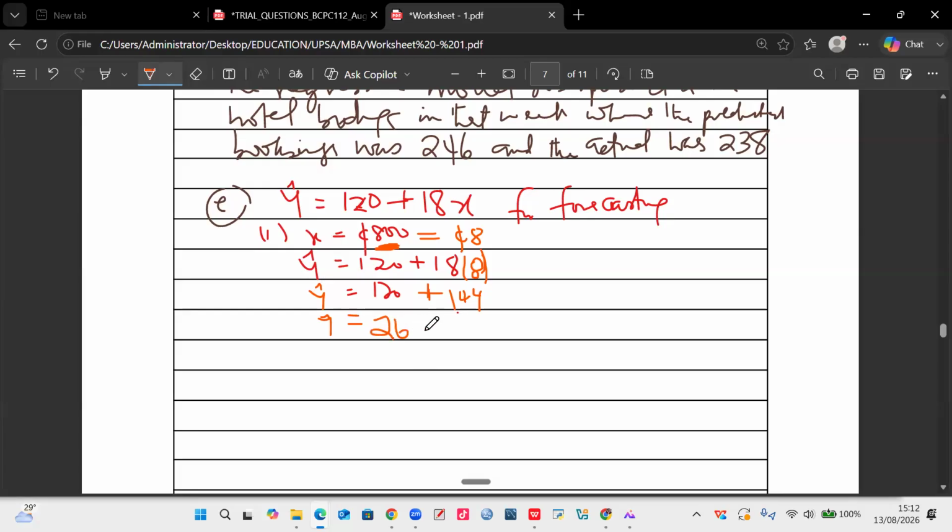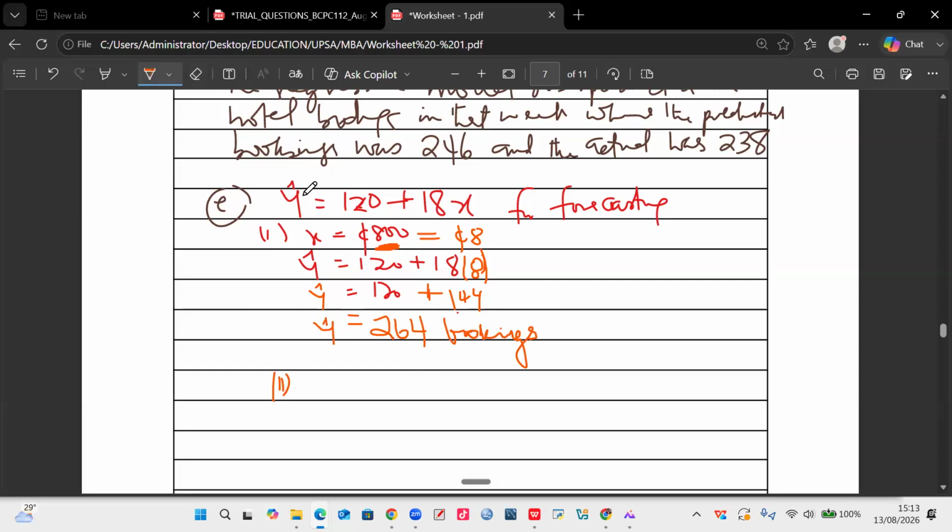So you can say 264 bookings estimated. Do you get it? Yes. What's the next one?